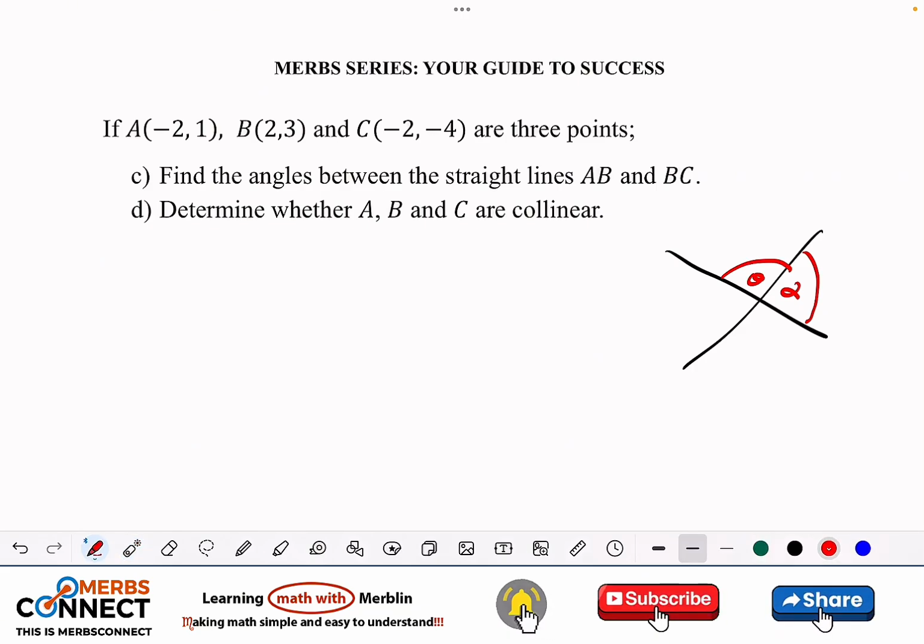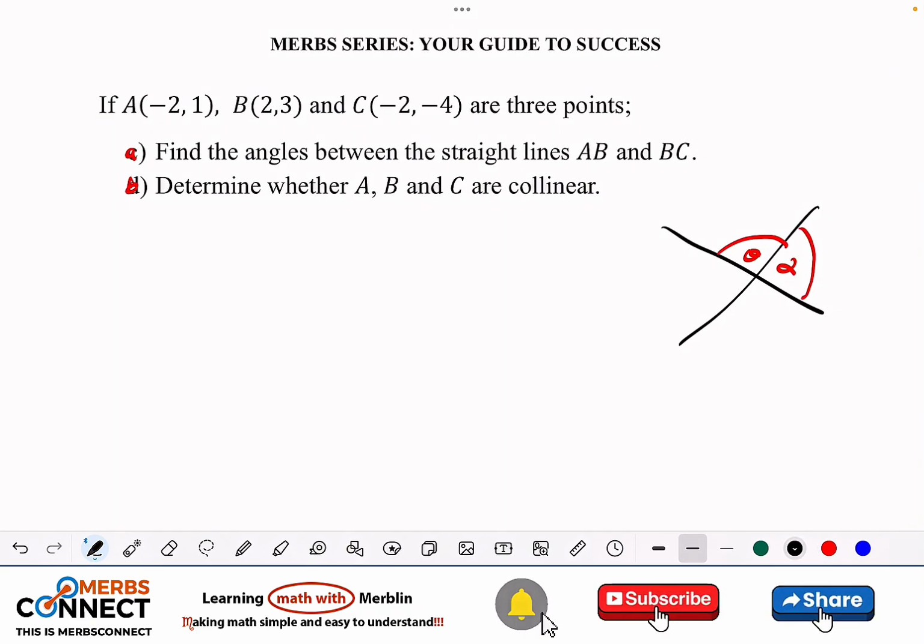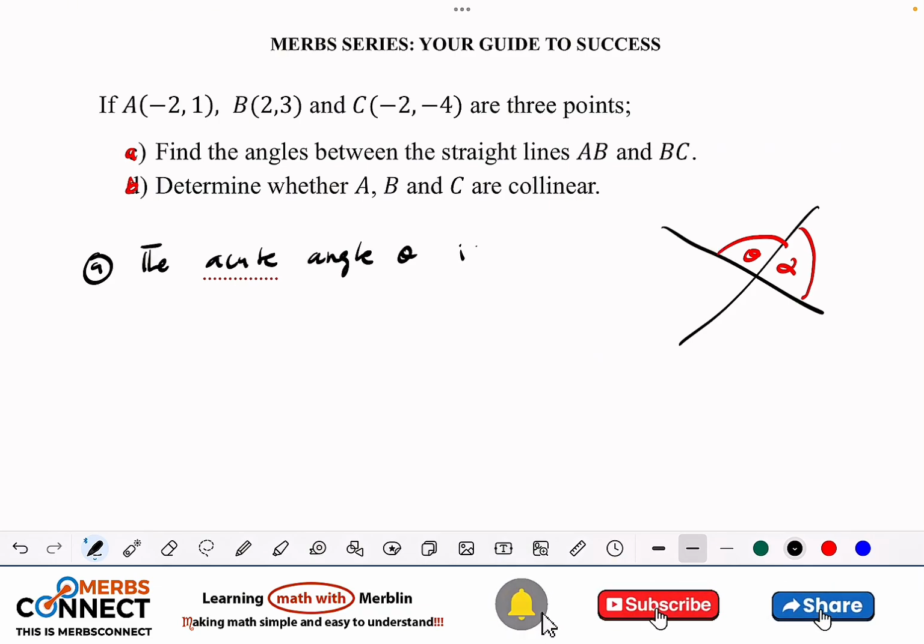Let me make this one A and B. So this one is going to be A, the acute angle, let's say theta is a small one, which is less than 180, is given by... so don't forget this is AB, and let's assume that this is BC.